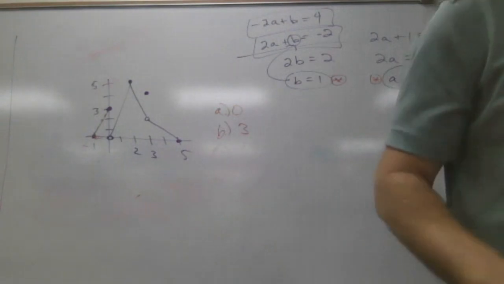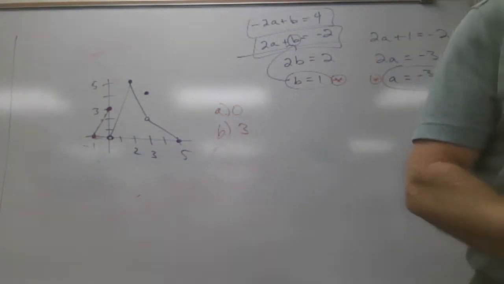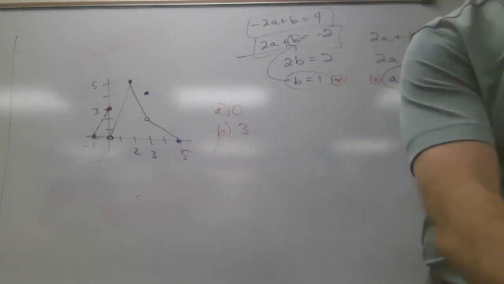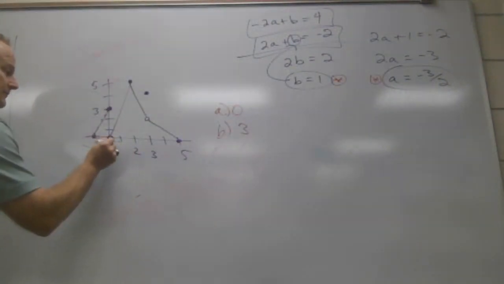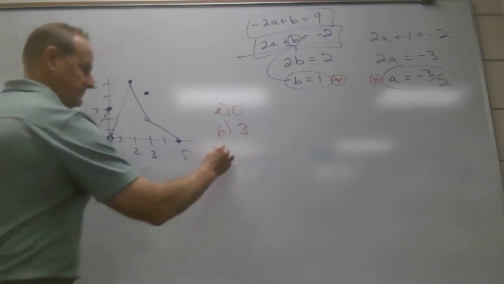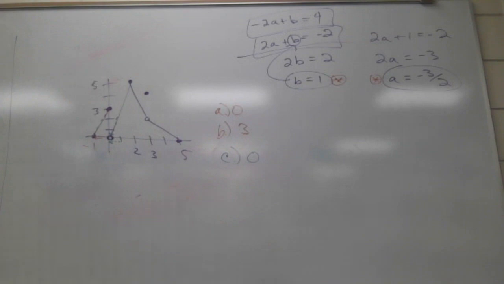Okay, and then we're going, McKaylee, C, as x approaches 0 from the right. Use different colors. So 0 from the right, my height is approaching that open dot at the origin, right? So that would be 0. Okay.